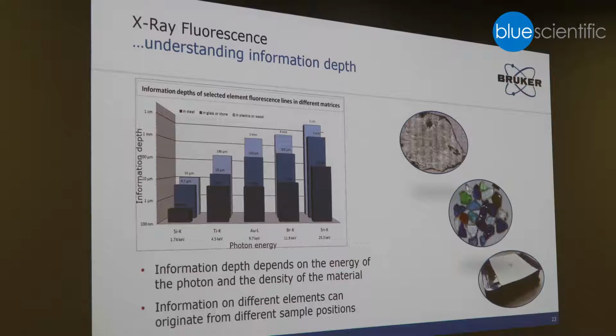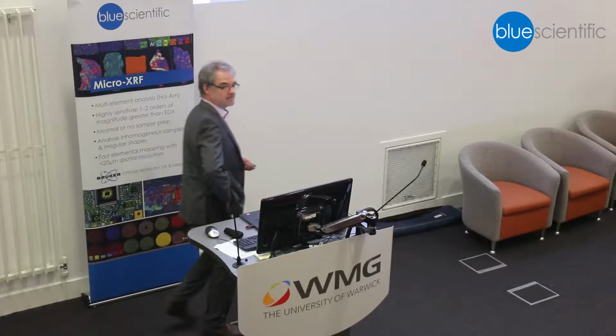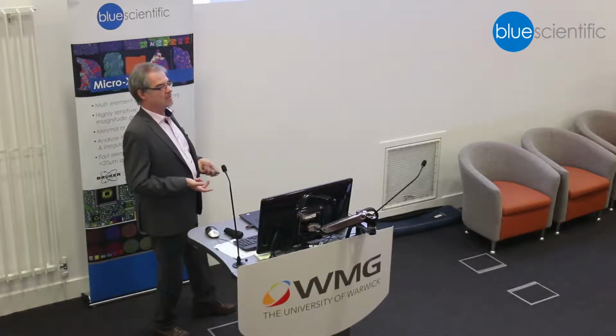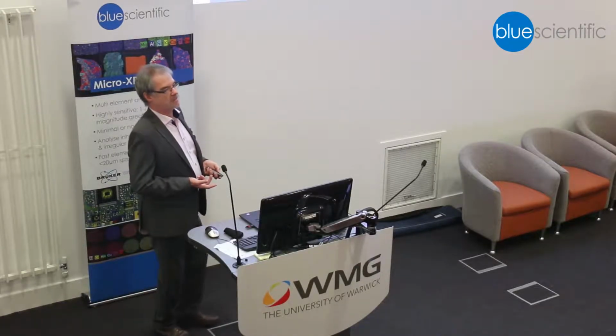If you have a geological sample, it's about 3 millimeters. And if you have a light matrix, it's about 2 centimeters. So keep this in mind. If you have a light sample and you are analyzing an energy line with a high energy, how thick your sample has to be, for instance, in order to be seen as an infinitely thick sample.